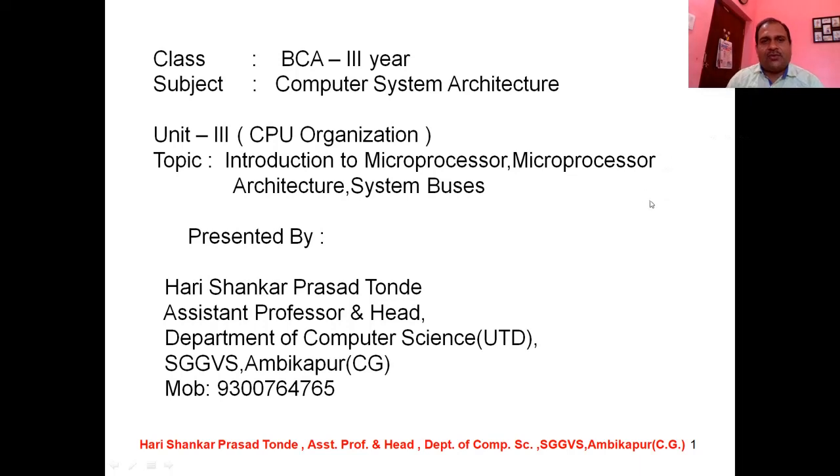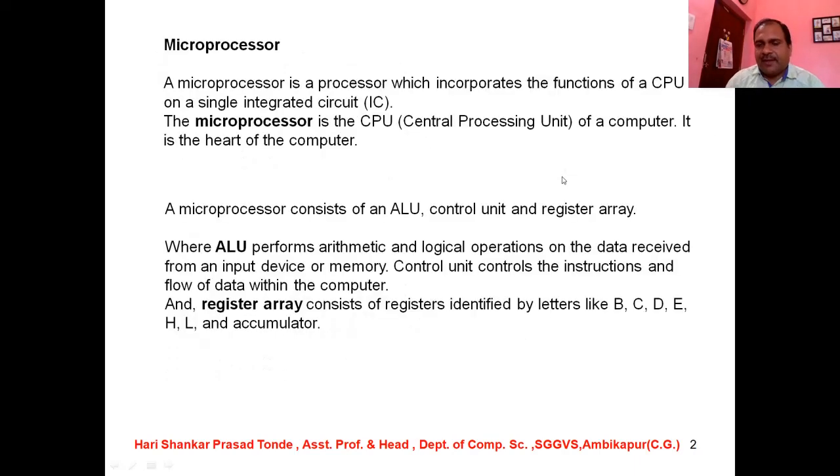As you all know, microprocessors play a very vital role in the working of the computer system, because a microprocessor is nothing but various types of functioning units incorporated within a particular processor. So let's see what actually a microprocessor is.